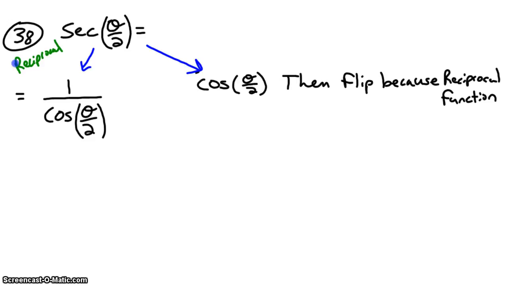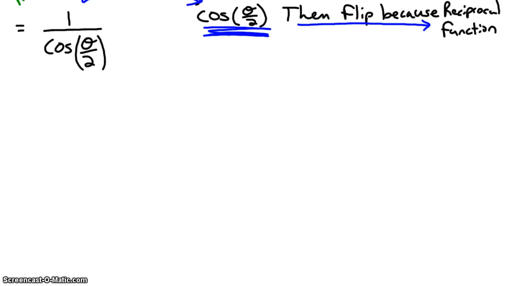So I could write it as this first setup, 1 over cosine theta over 2, or I could just solve for cosine theta over 2, but then it would require that I remember to flip my solution because it is a reciprocal function. Either way, we could handle this problem. I will work the one that feels most likely for me to succeed without making a mistake. In other words, I prefer the other way, but if I forget to flip it at the end, I will not have the right solution.